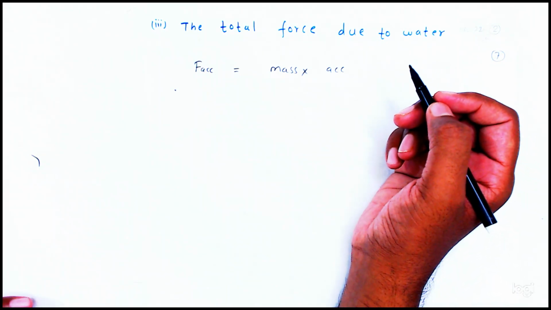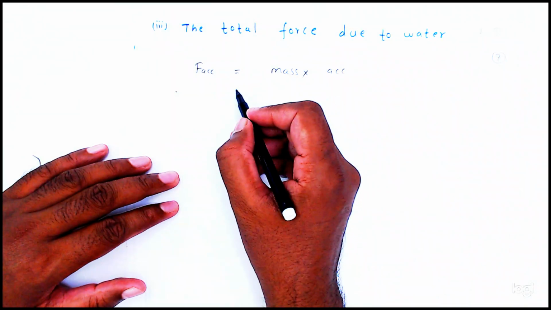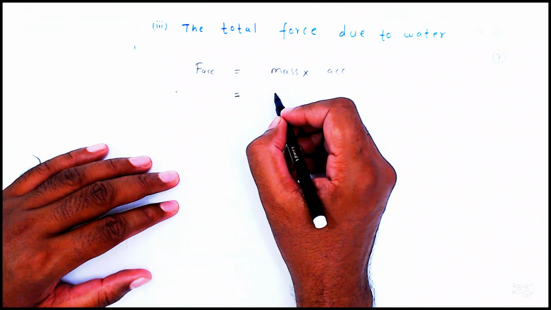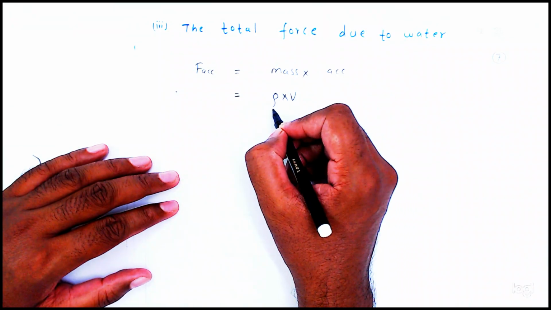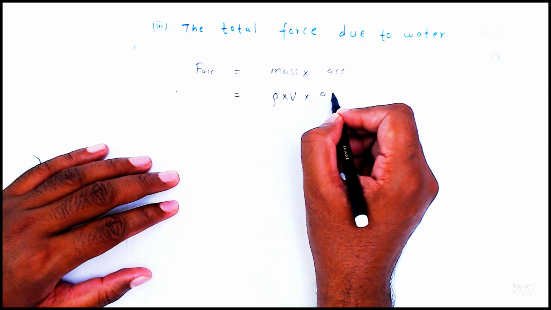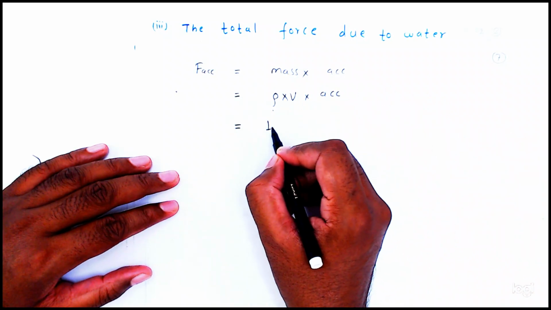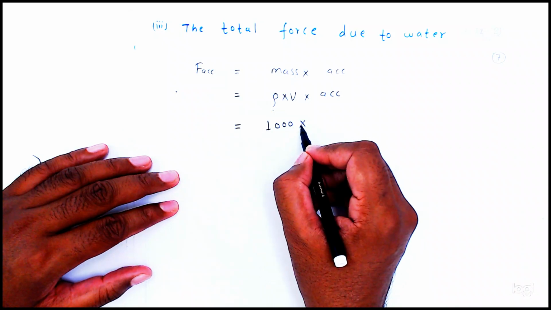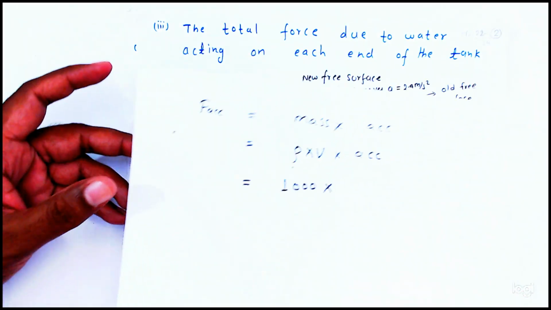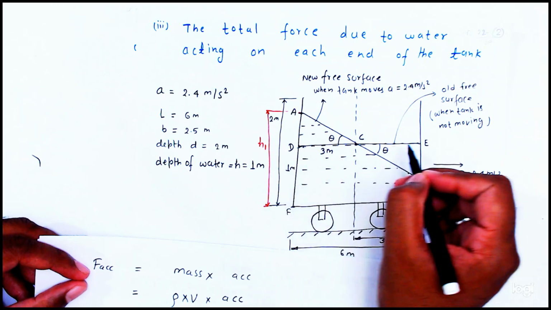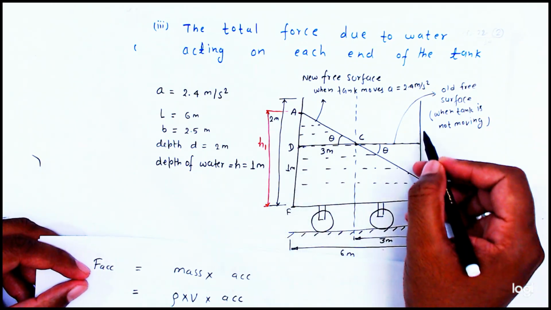So how much will it come? Mass is equal to what? Rho into v, density into volume, into acceleration, correct? So density is equal to 1000 for water, into volume, which is the volume of the liquid inside the tank.